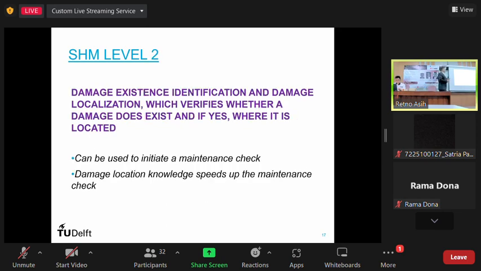Okay, we have level 2, there's a damage. We identify whether the damage exists, and where it is located. It can be used as an initiative for better maintenance, and it gives you some knowledge, but it also lacks some other information.